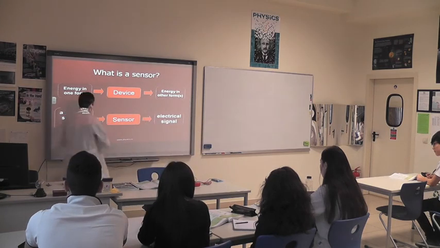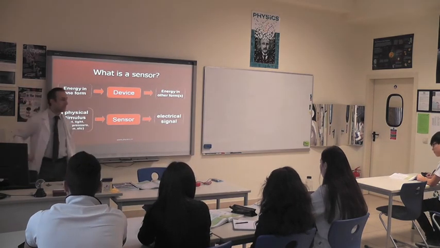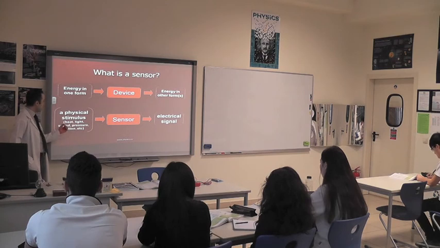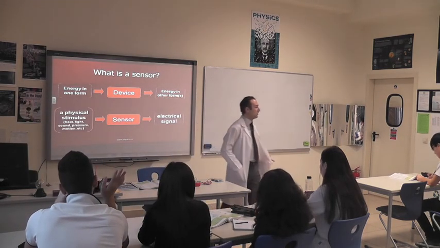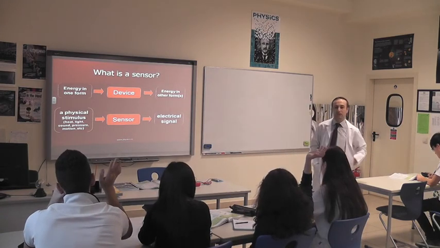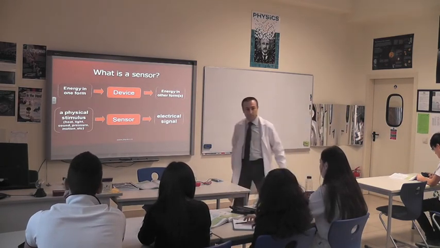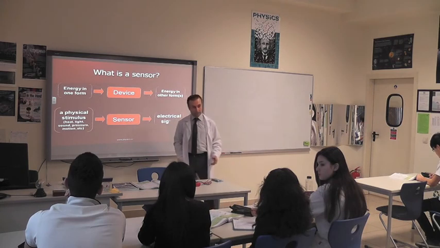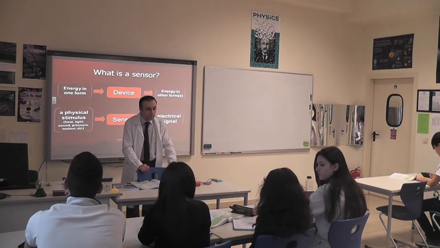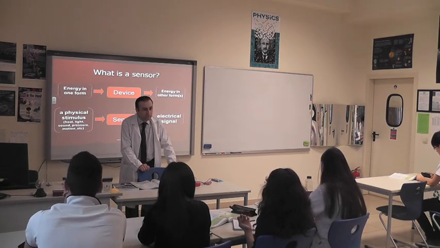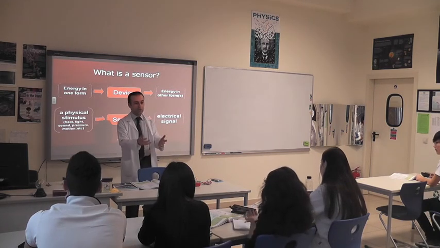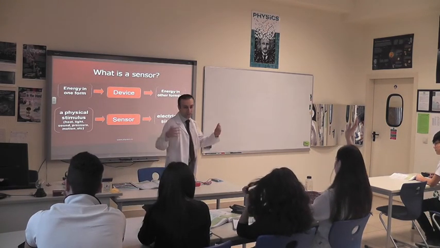Can you give me an example of a sensor which takes a physical stimulus and turns it into an electric signal? Yeah. When it's really hot in summer, in the places where you grow crops, when it's hot, it opens the water supply, or it opens the window or something like that.